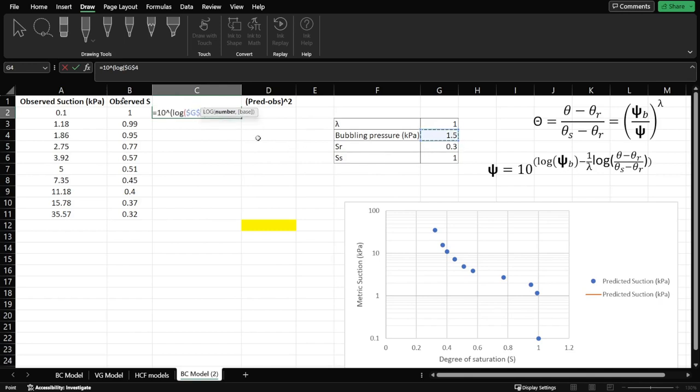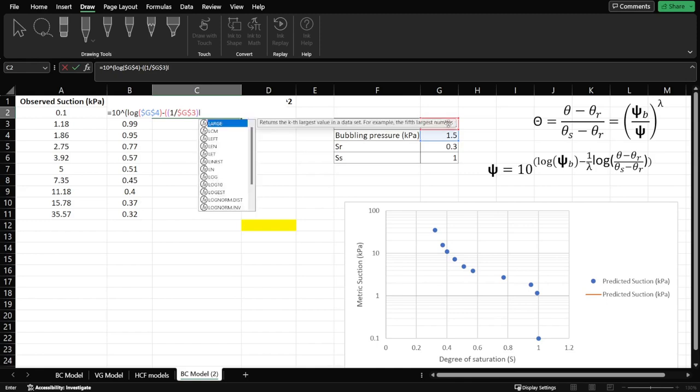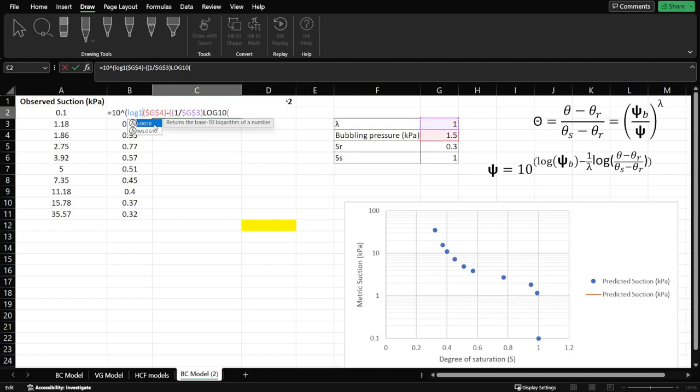Then we'll log this value minus, then we have 1 upon lambda, so that's going to be 1 upon the value of the lambda provided here, so we'll write f4, we'll log this value too, and then we have in multiplication the log. We are using the log at the base 10 here also. I think I have missed, that's going to be log at the base 10, right? Multiplication is missing here.